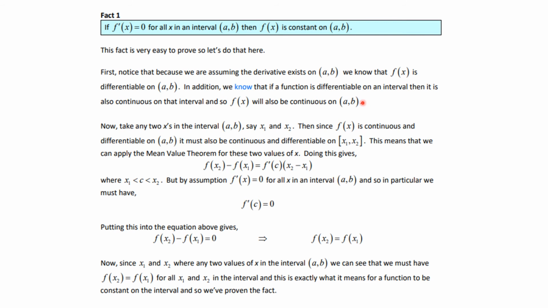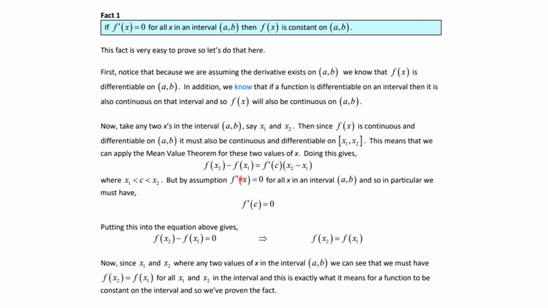So f is differentiable because we said that's the if part. And so if we take any two x's in a, b, say they're x1 and x2, then what we know is that since f is continuous and differentiable on the whole of ab, it's also continuous and differentiable on this closed interval. That means the mean value theorem can apply to those two values of x.